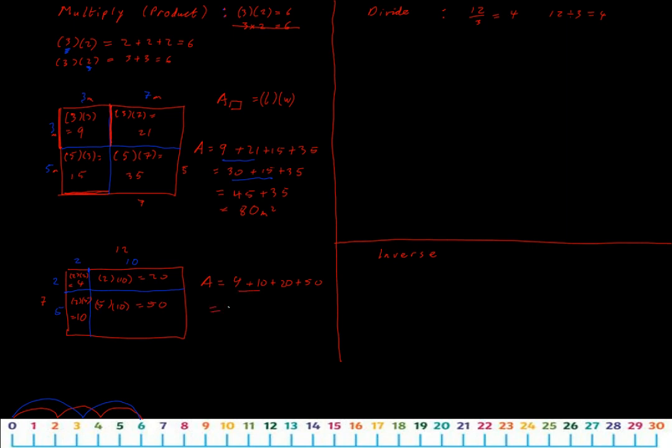I add my first two and I get 14 plus 20 plus 50. 14 plus 20, I'm going to get 34 plus 50, and add them together and I get 84. Again, if we had units here, if I said that this was my copybook and these were all in centimeters, as in the markings on your ruler, we would end up with 84 centimeters squared.